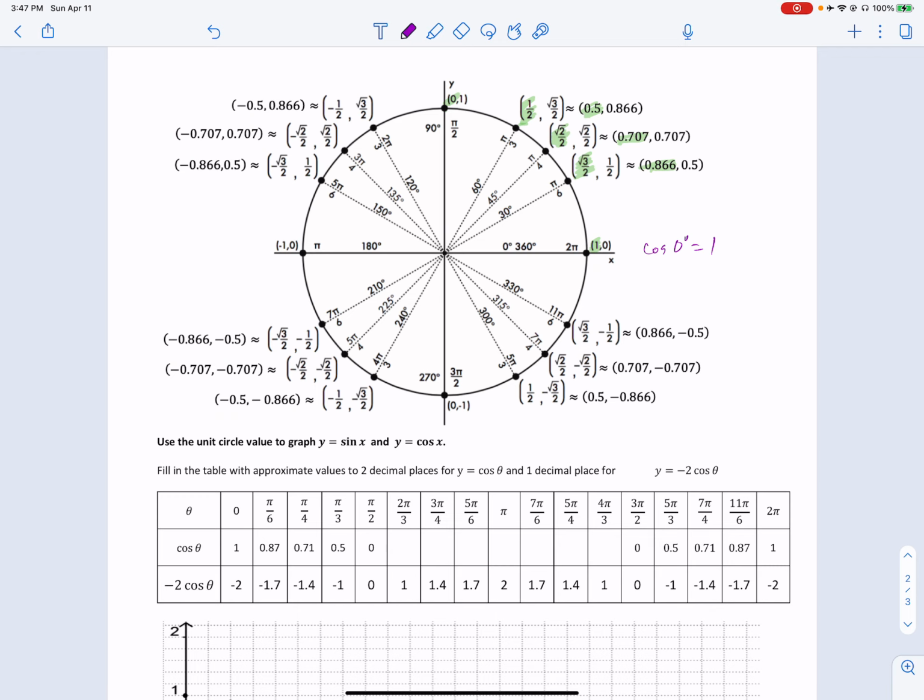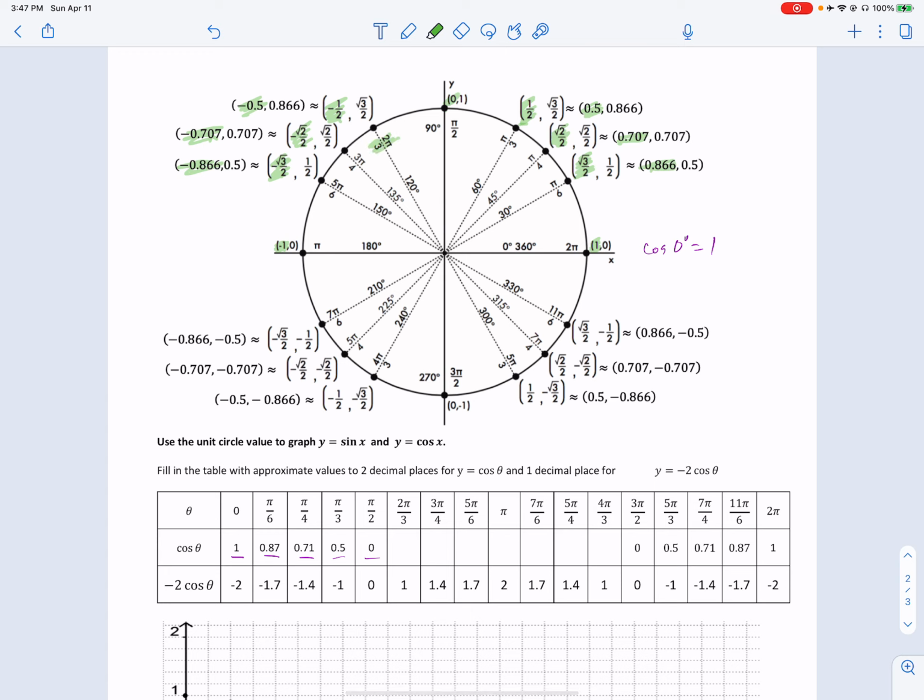So if we use those to fill in, you'll see we've got 1, 0.87 to 2 decimals, 0.71 to 2 decimals, 0.5, and cosine of pi halves is 0. And then if we continue with those x values, we're going to have negative 1/2 or negative 0.5, negative root 2 over 2 or negative 0.707, negative root 3 over 2, which is negative 0.866, and then negative 1.